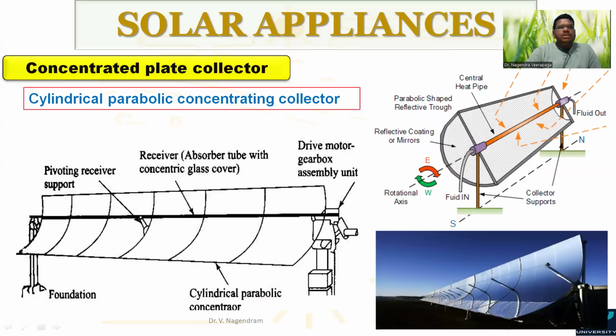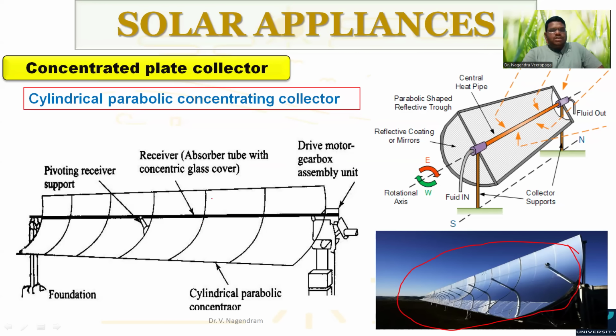Next, coming to the cylindrical parabolic concentrating collector. Again, these concentrating collectors we can divide into two categories. One is the cylindrical parabolic concentrating collector, and another one is the cylindrical parabolic concentrating collector. Here you can see the diagram. This one is clearly the parabolic concentrating collector.